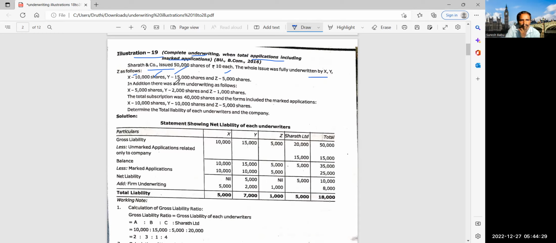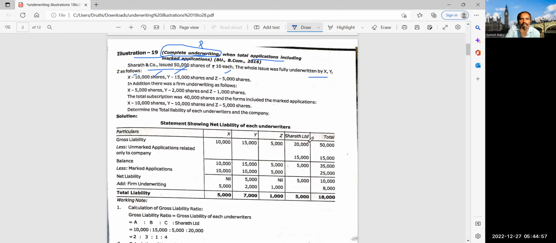Now, this is not complete. This is partial. Why? Because I'll tell you. Because, see, 10,000, 15,000, 5,000, total how much? 30,000. The company is issuing how many? 50,000.